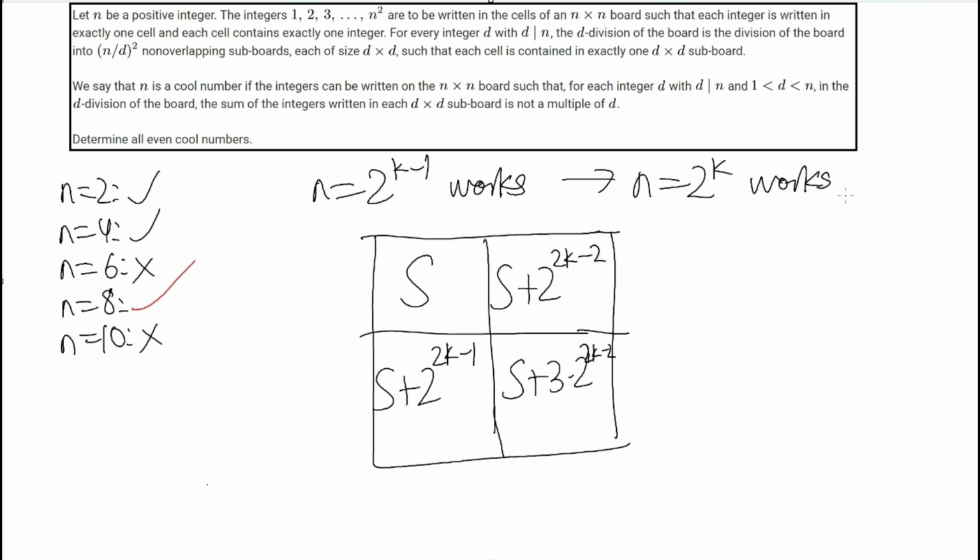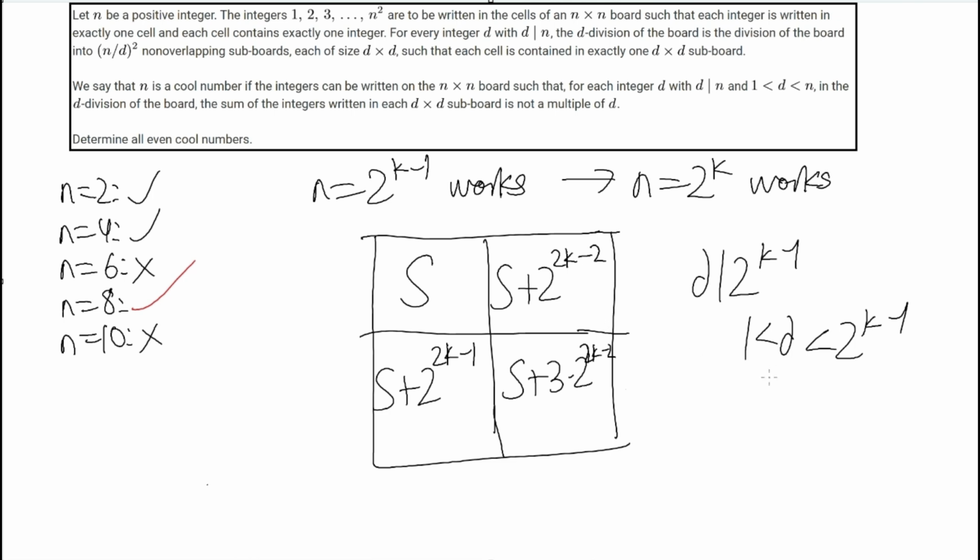But now we need to figure out the case where d equals 2 to the k minus 1. Because if d divides 2 to the k minus 1 and d is less than 2 to the k minus 1, then by the inductive hypothesis, it works for S and therefore it works for all of these, since this doesn't change whether it is a multiple of d.